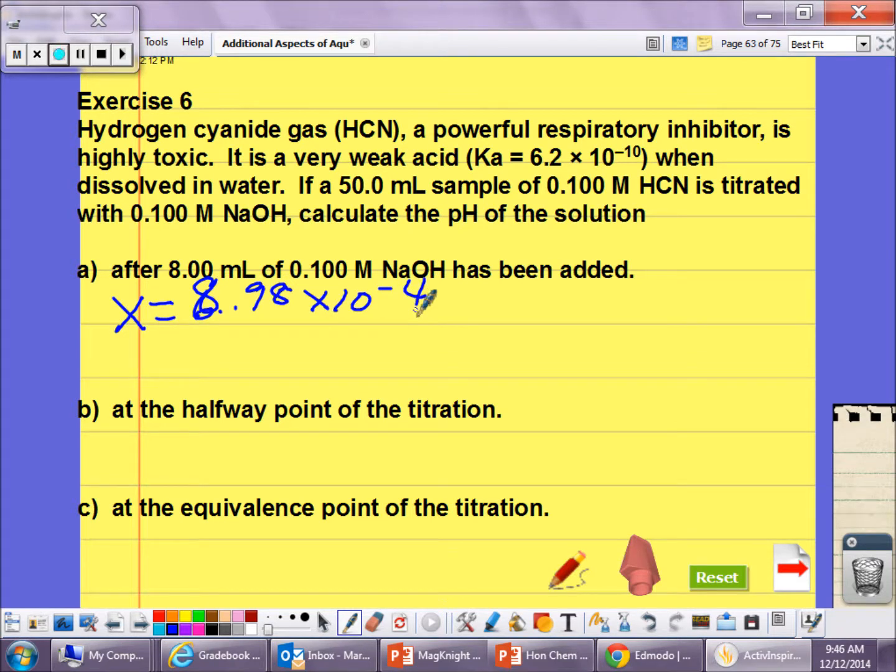This is the concentration, and then you go back on the table. You say this is the concentration of your OH minus. We get the negative log of that number. The negative log of that number should give us our pOH.